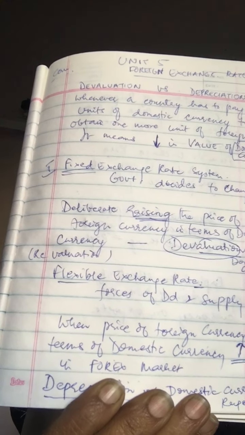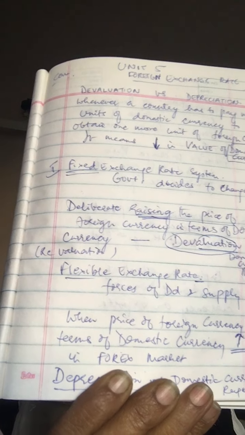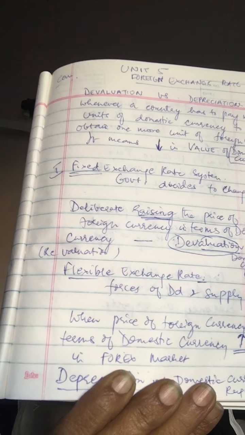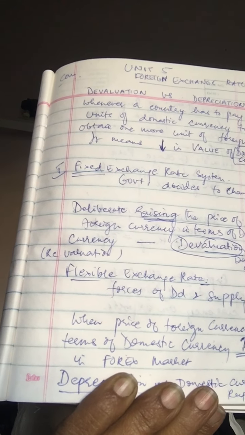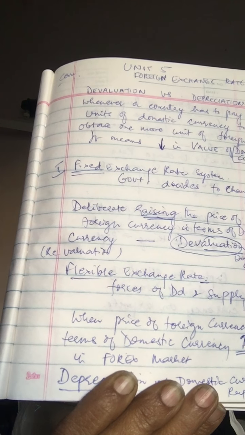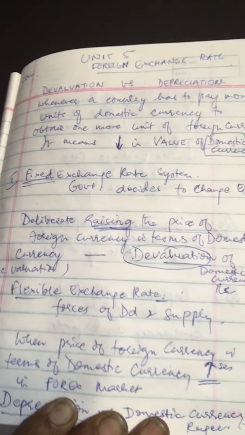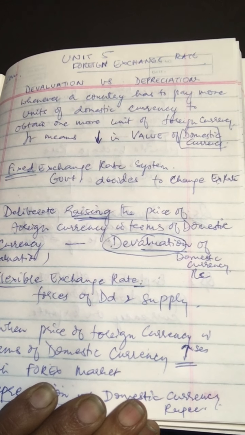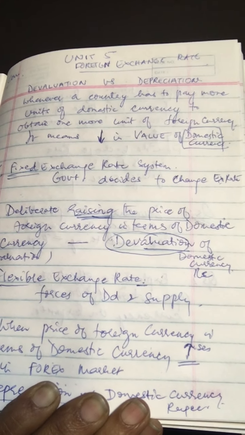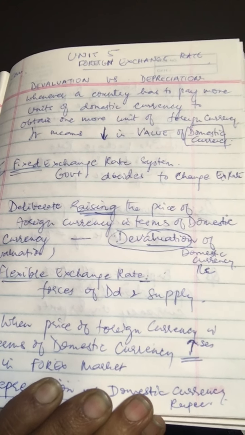It shows that the Indian rupee has depreciated. So in devaluation, the government decides, while here it is the free play of demand and supply. Now what is the impact? It makes domestic goods cheaper in other countries.